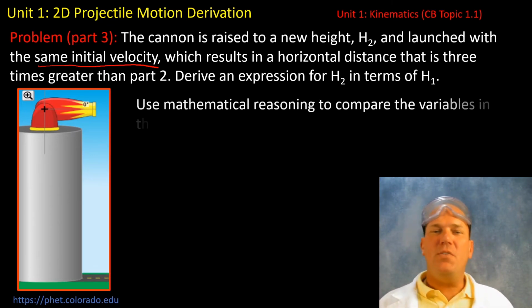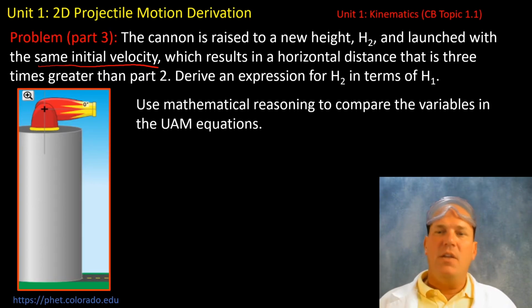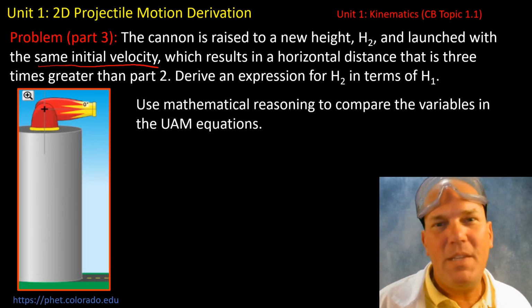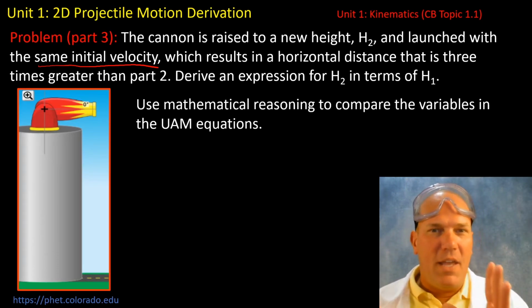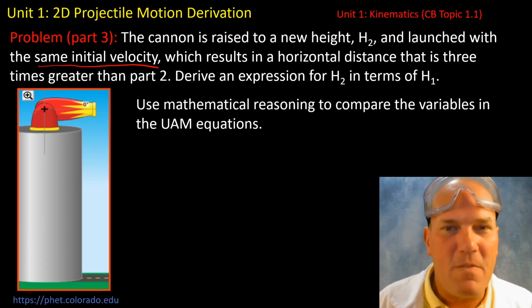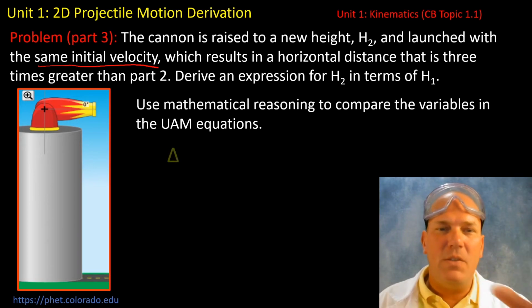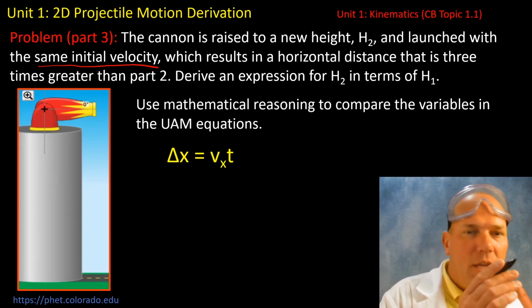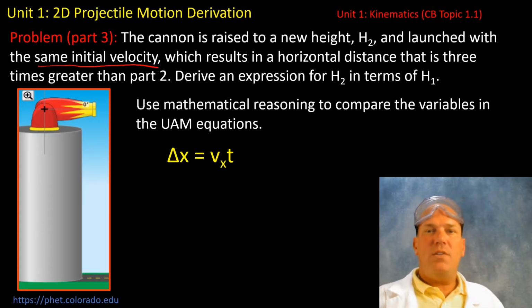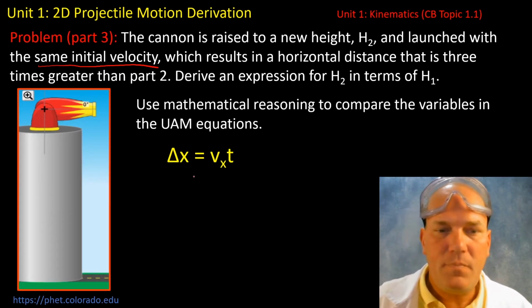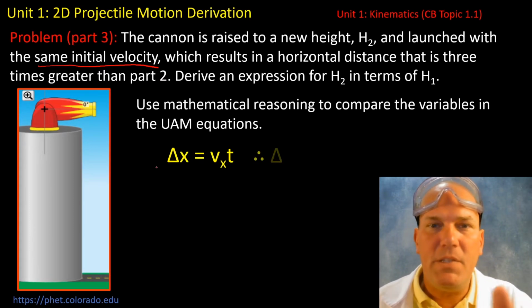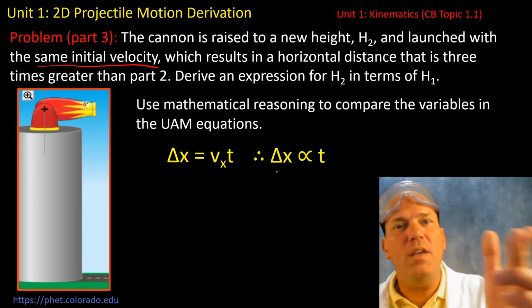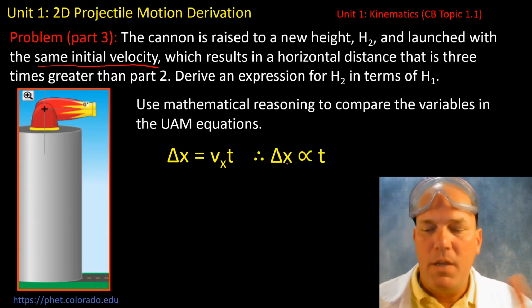So let's go ahead and answer this final part. I want you to use mathematical reasoning here to compare the variables in the UAM equations. We've been doing this since the beginning of the course, and you will continue to do this through every unit in the course. So let's start by looking at the horizontal change in position and time. We can see from this expression that the horizontal change in position is directly proportional to time.